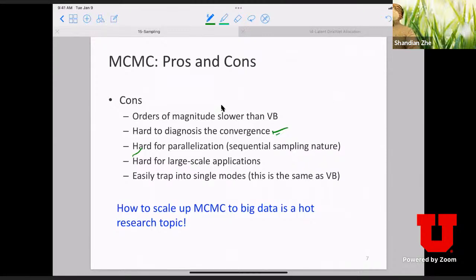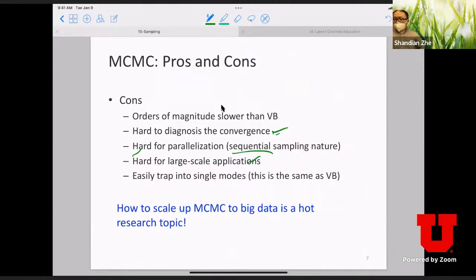If you can do it in parallel, then even if you run a long time, we might be able to accept that, because you can distribute the computational cost. However, because of the sequential sampling nature, it usually cannot be done in parallel. And so it is hard for large scale applications.